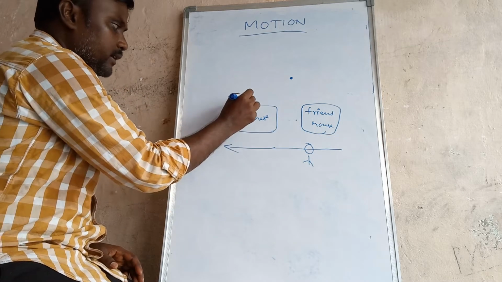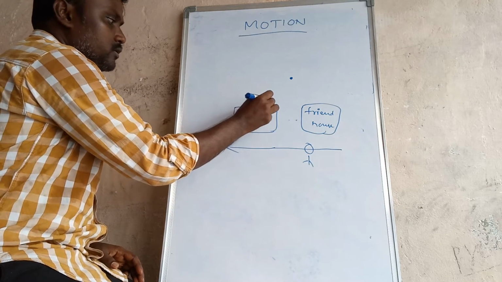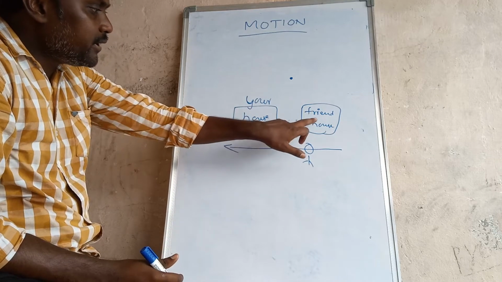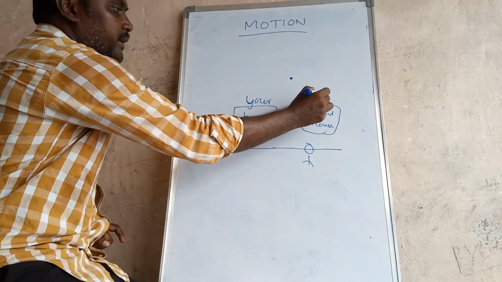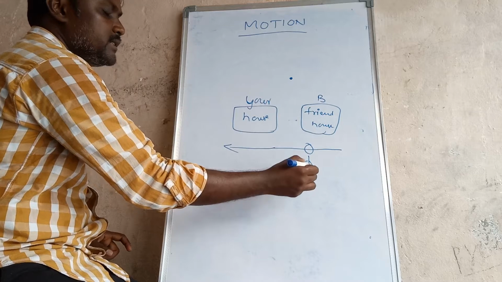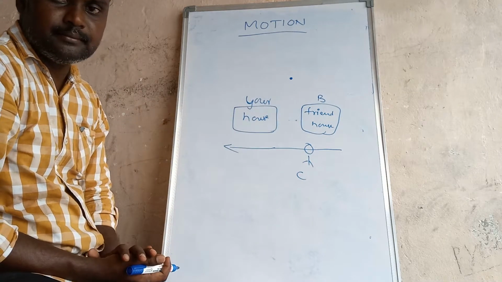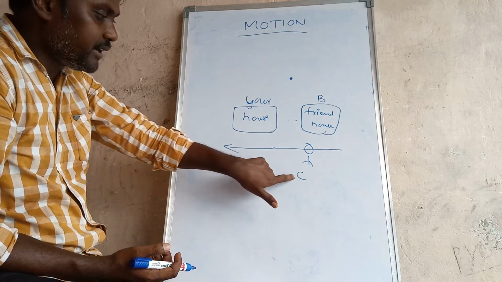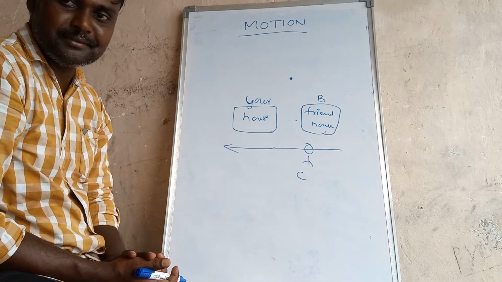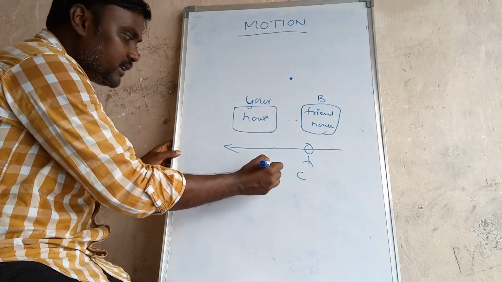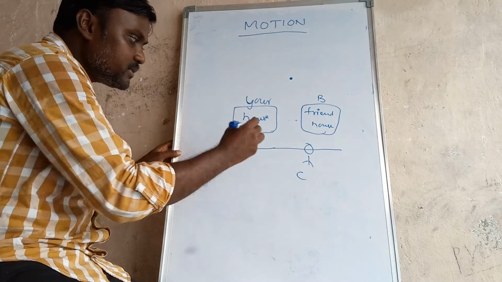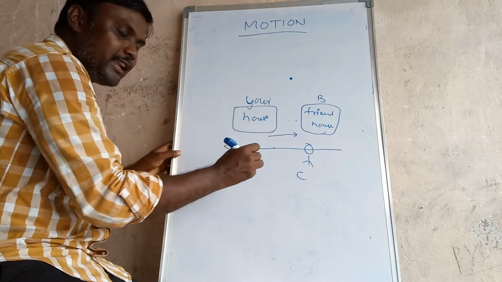You are here, this is your house. Let me name your friends here B, and this is C. For your friend B, you are at rest, but for your friend C, you are not at rest. And while this one is moving, for him it seems that it is also moving in the opposite direction.